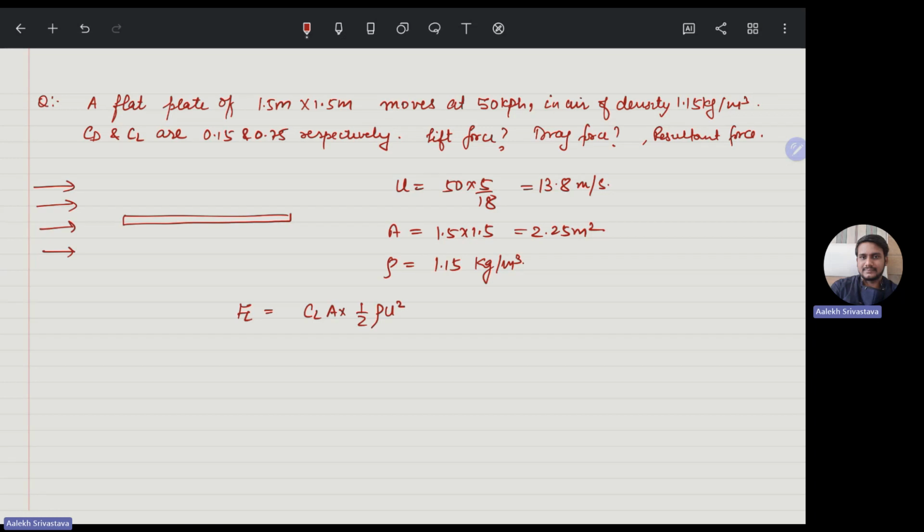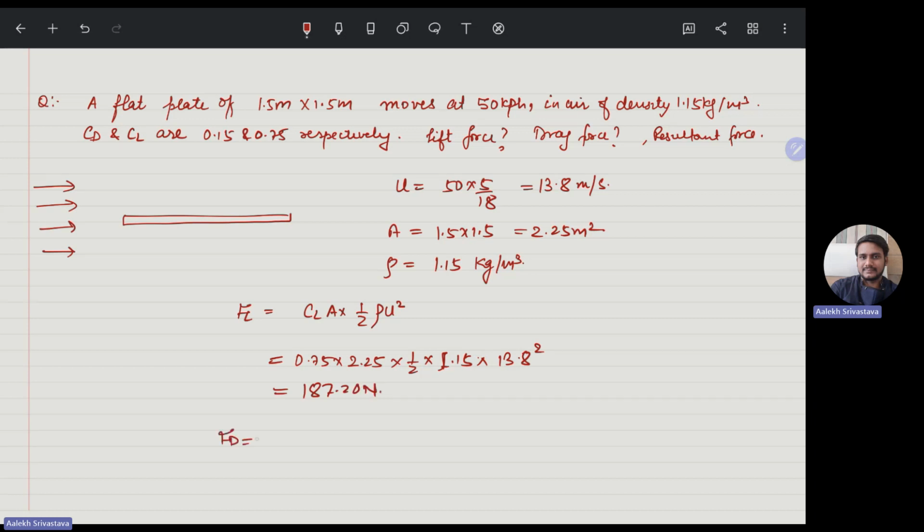So the CL value is given, 0.75, into area 2.25, into half, into rho 1.15, into U square, where U is 13.8. If you solve this, you will get 187.20 Newton.